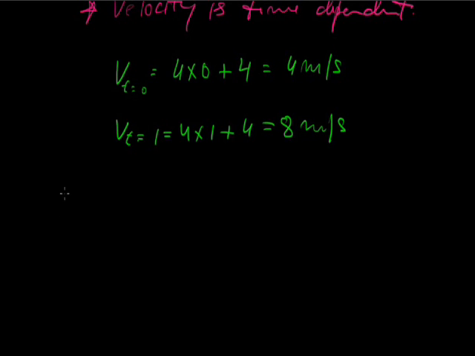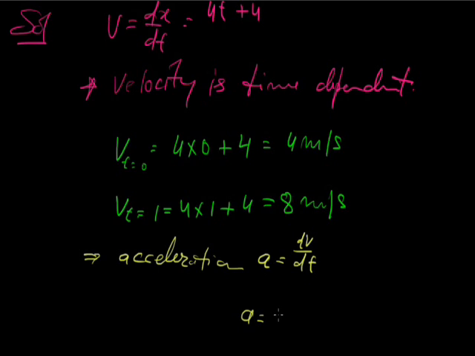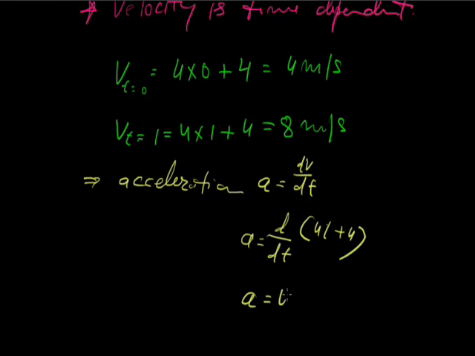Now we can find the acceleration. We know that acceleration a is equal to dv by dt. Differentiating the value of v, that is 4t plus 4, acceleration is equal to 4 only, 4 meter per second square.